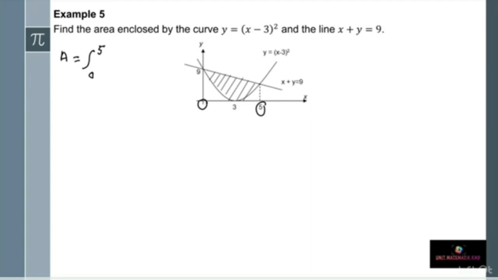So what is our upper curve? Our upper curve is x plus y equals 9, which we rewrite as y equals 9 minus x.